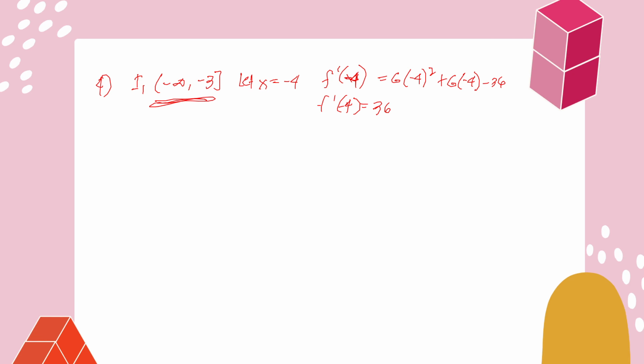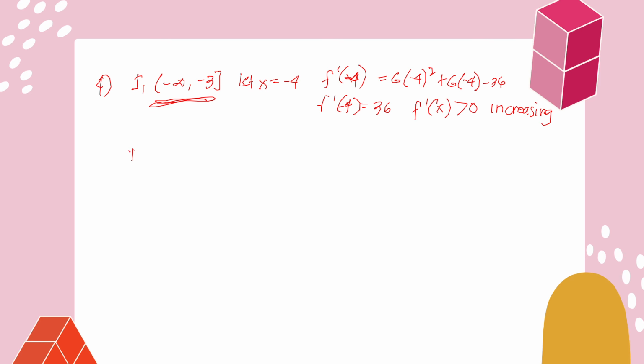So what is the conclusion? The first derivative is greater than 0. Therefore, this is increasing at this particular interval, interval 1, open negative infinity to closed negative 3. The function is increasing at that interval.